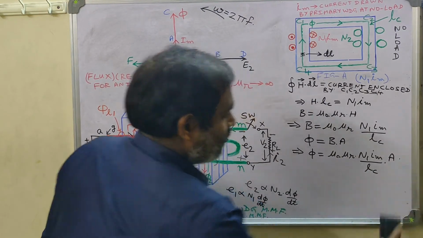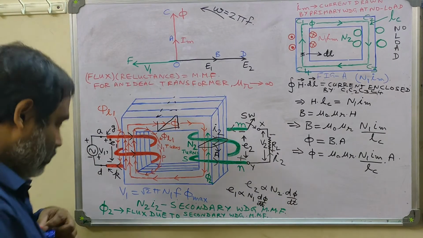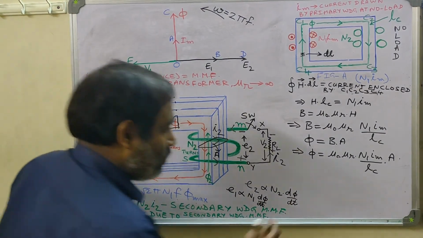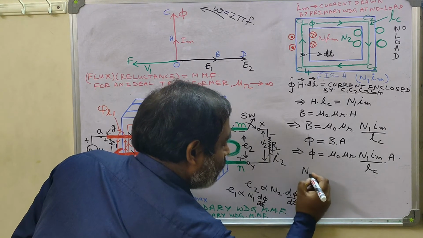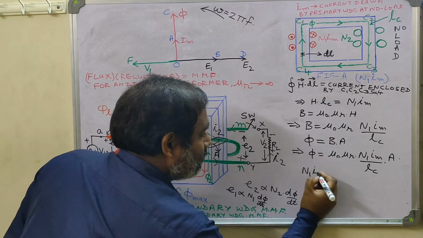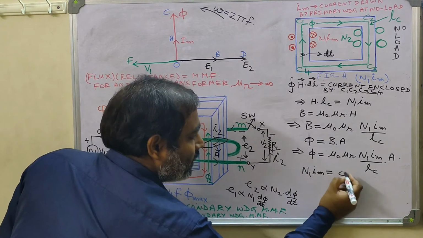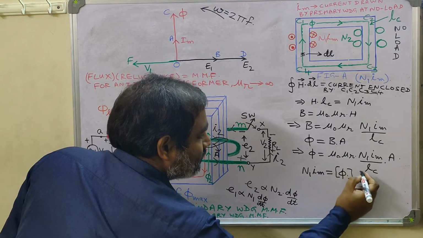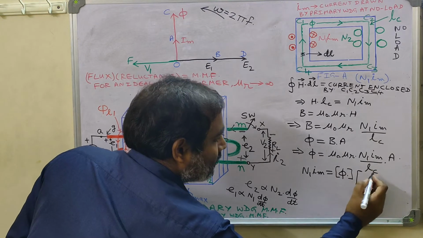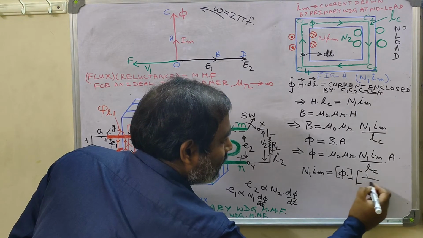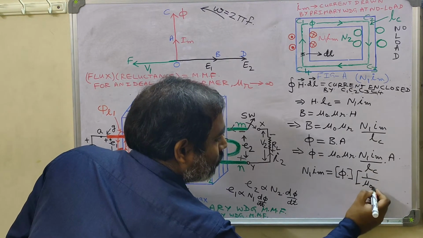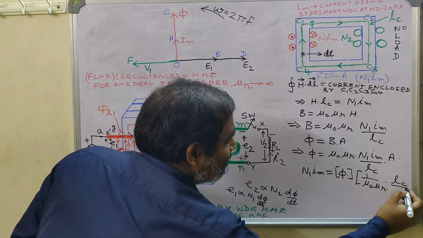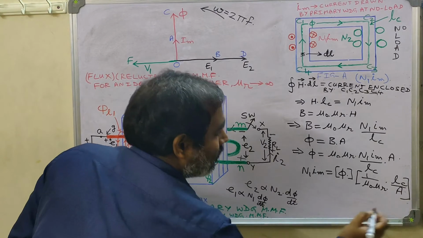If we assume the relative permeability tends to infinity, let me rewrite it. What I am simply writing is that N1 into Im equals flux phi into reluctance. Now what is reluctance given as? Reluctance is given as 1 by mu naught mu r into LC divided by A, isn't it?